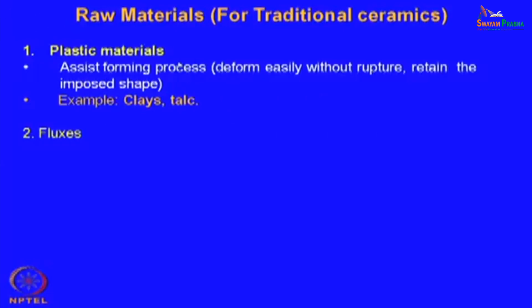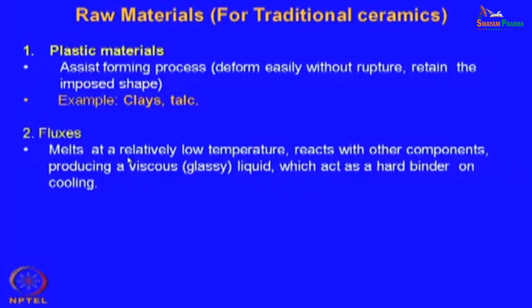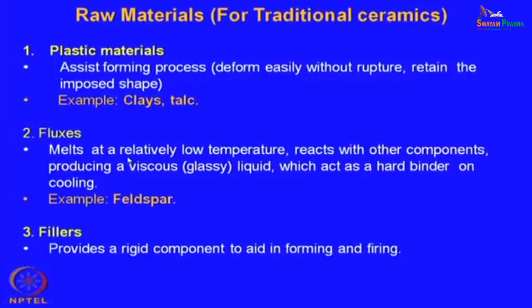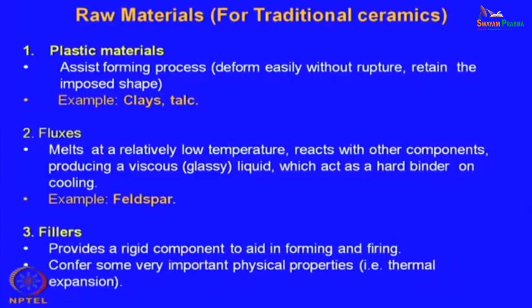One is plastic material and there are fluxes, there are different purposes for which they are used, and then you have fillers, which provide the basic mechanical strength to the ceramic body. Okay. So, these are 3 components of the whiteware body or the traditional ceramic material. One is the plastic material, another is the flux, and there are fillers.